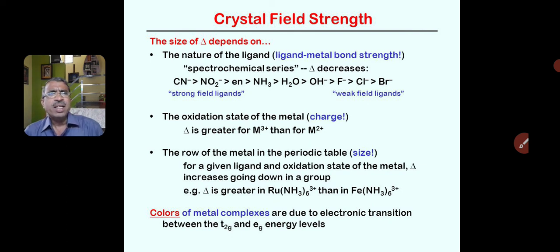If the ligand is a weaker ligand, it leads to high spin complexes, in case of octahedral complexes. Next, in case of tetrahedral complexes, if the ligand is strong field, it leads to the square planar geometry. If the ligand is weak field, it leads to the tetrahedral geometry.